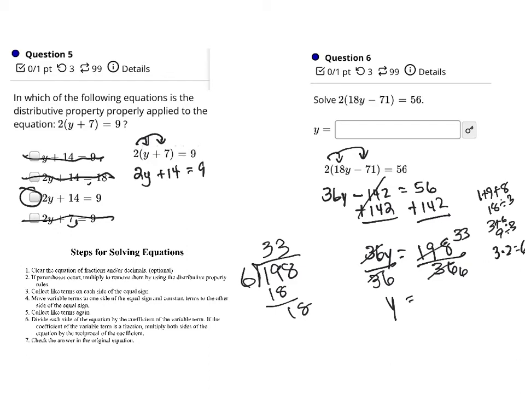Well, we still have something common, right? We've got 33 over 6. We can take a 3 out. So 3 will go into 6 2 times. 3 goes into 33 11 times. So our answer is 11 halves, because there's nothing common between 2 and 11.